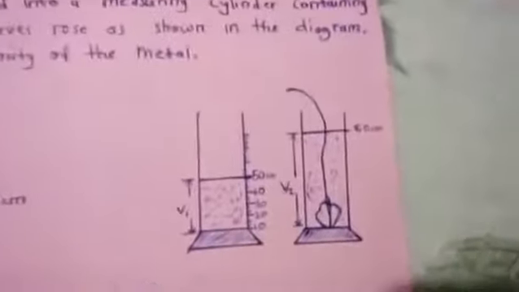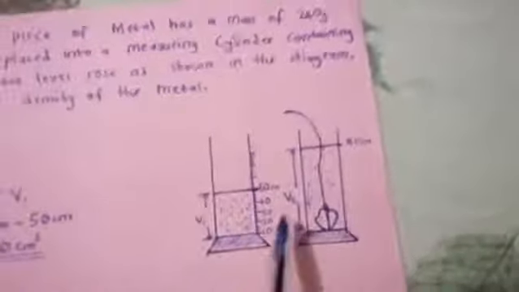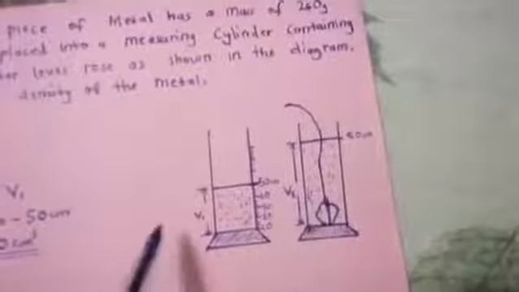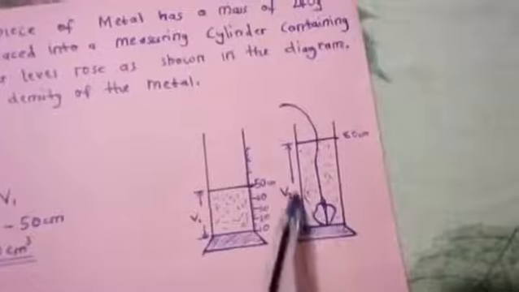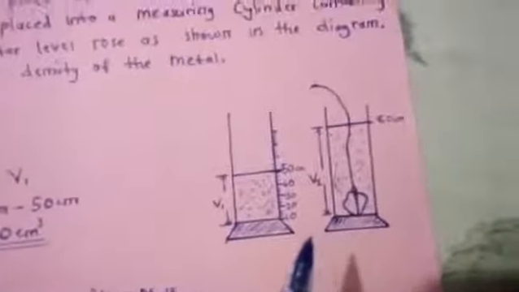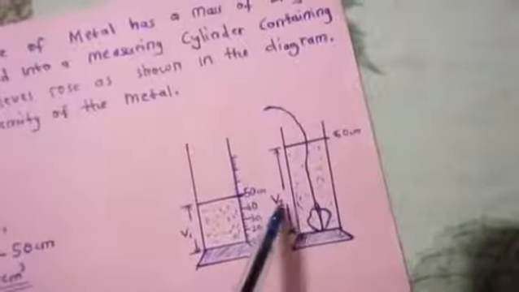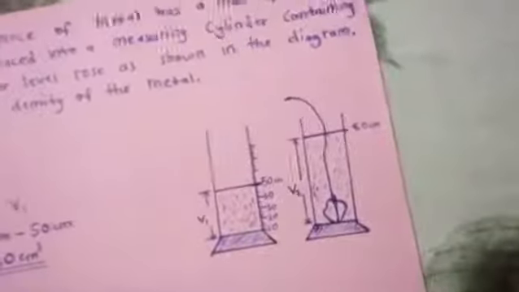For such questions, how do you find the actual volume when you've been given the first and the second volume? You subtract volume 2 minus volume 1, then you get the final volume. I repeat, you subtract volume 2 minus volume 1.